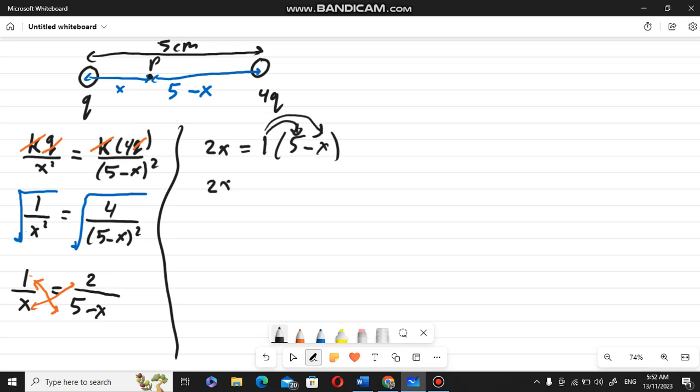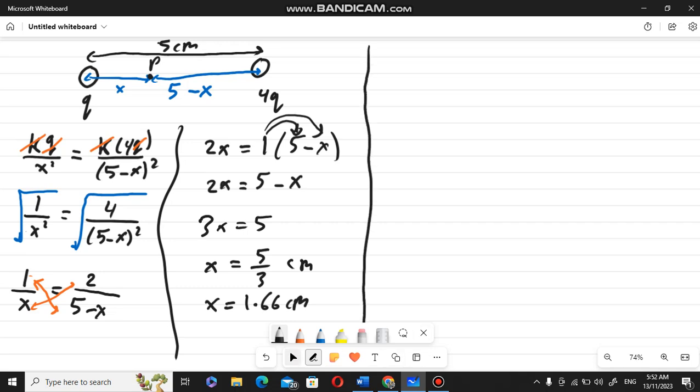So it will be 2X is equal to 5 minus X. We take the X to the other side, so we will have 3X equals 5. Then we divide both sides by 3, so X is equal to 5 over 3, and the unit is centimeters, which is equal to 1.66 centimeters.